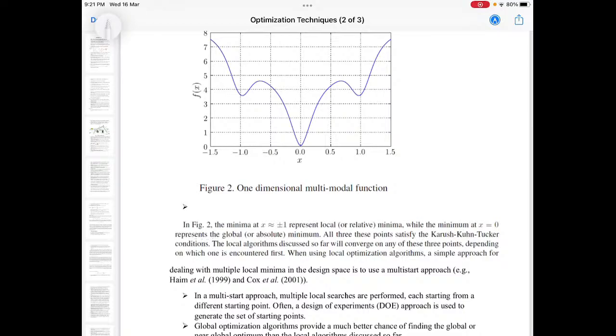So, this point refers to the global minimum, where x is equal to 0. Previously we have seen what is meant by global minimum.